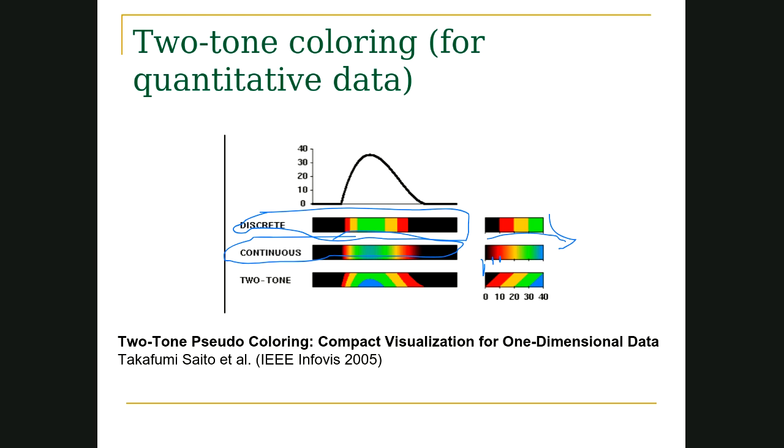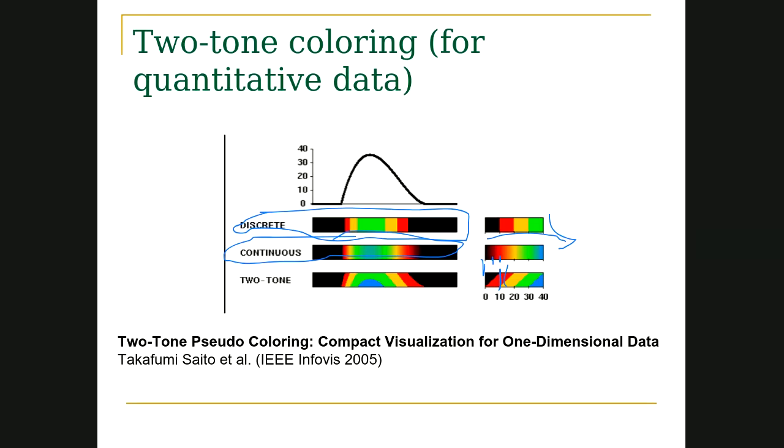So what these guys thought of was, instead of using a single color, what if we use two colors to code? Here is how this works. If you are at 10, it's going to be completely red. But if you go to 15, it's going to be half orange, half red.